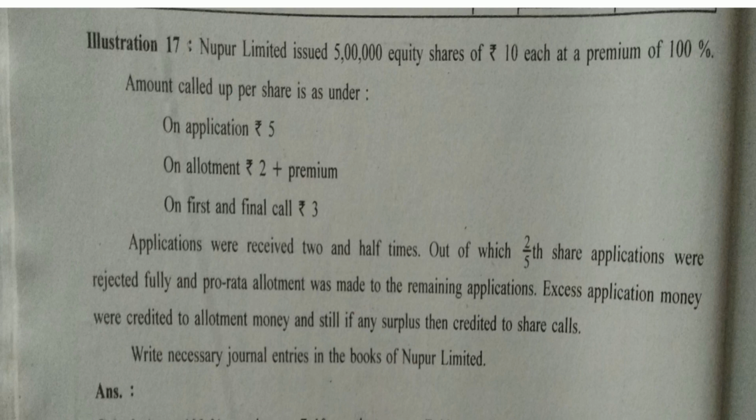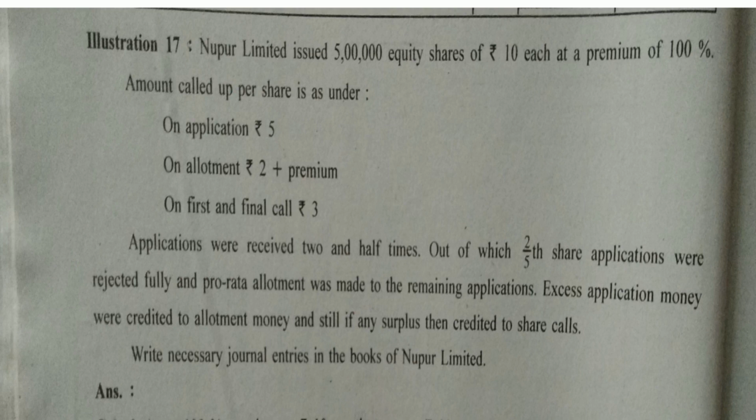It can be first call or final call. I mean, if the advance of allotment is still more, then it is to be transferred to first call and final call. It will be considered as an advance of first call and final call after considering the advance for allotment if it is in excess.